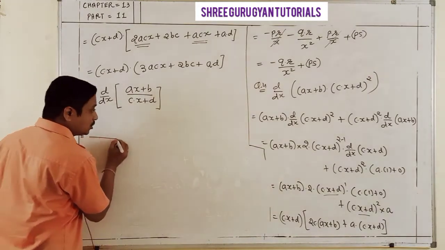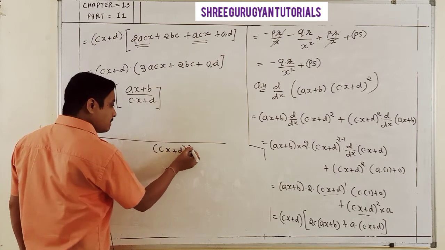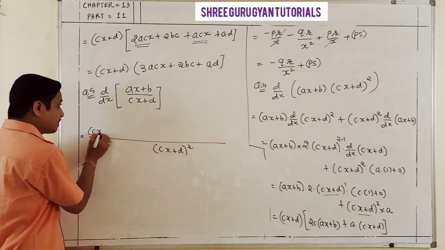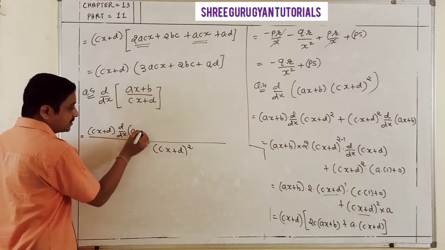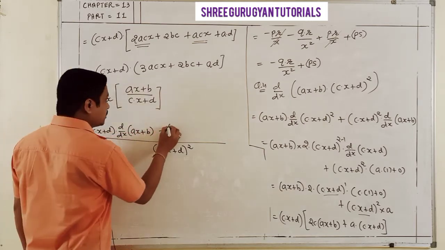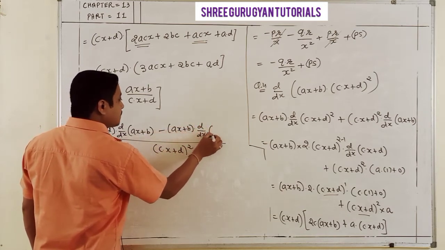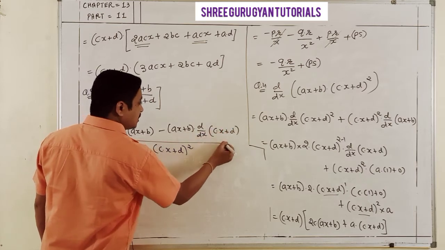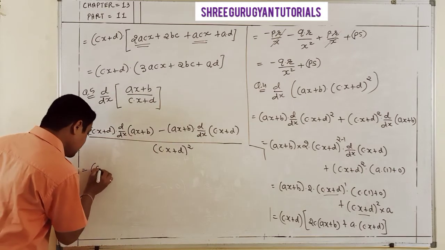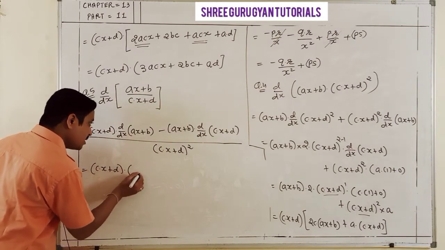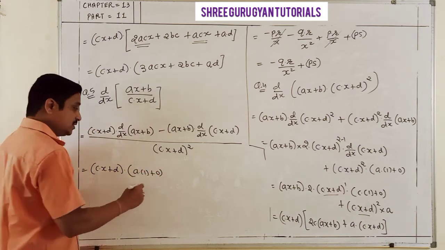So in the division rule, you know that in the denominator square, now in the denominator, d/dx of numerator (ax + b) minus now numerator d/dx of denominator (cx + d), and simply apply the u by v function. So (cx + d) same, here apply the derivative: the derivative of ax is 1 but the derivative of b is 0.